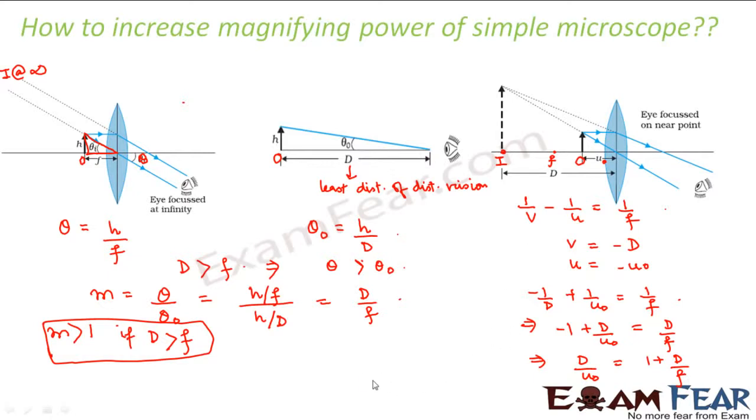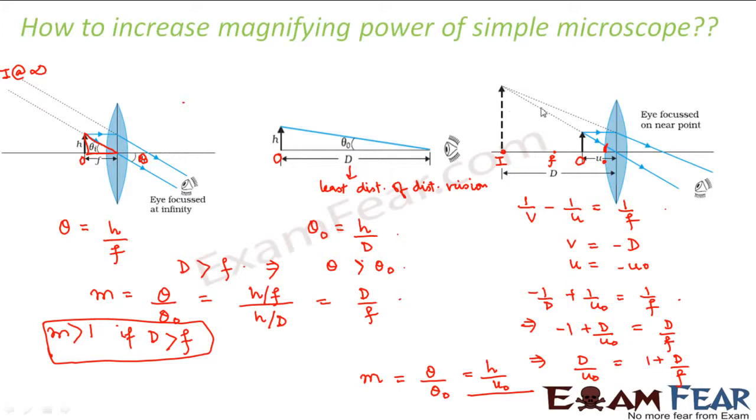Right? So now let us try to calculate the magnification in case of this simple microscope. So what will be the magnification? It will be nothing but theta divided by theta naught. So what is theta in this case? It is nothing but h divided by u naught, because u naught is the distance. And what is theta naught?